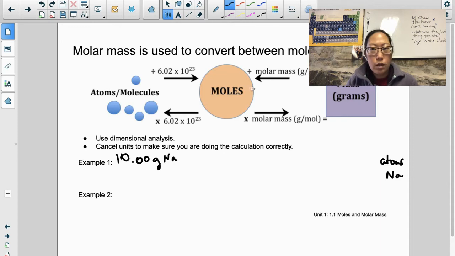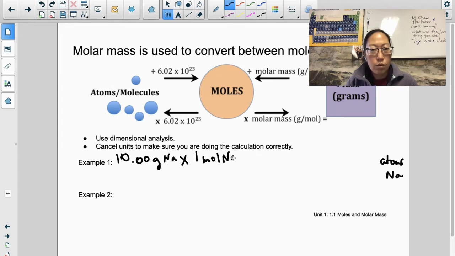So to go from grams to atoms, we have to stop here. We need to get to moles. We have to go through moles to get to atoms. So what we're going to do is multiply by our molar mass, but we want to get rid of grams.